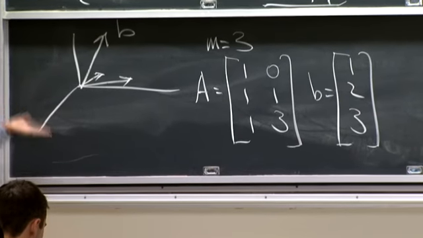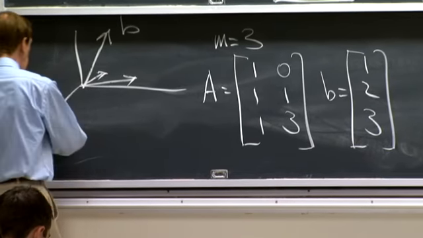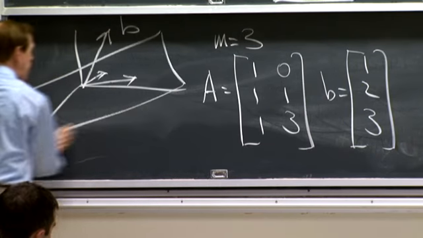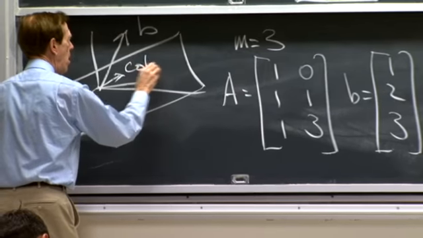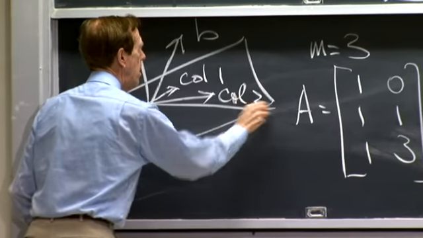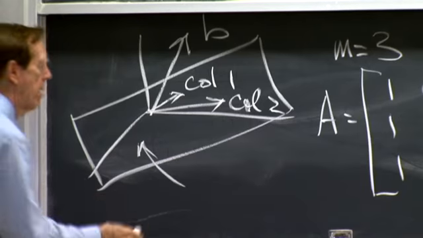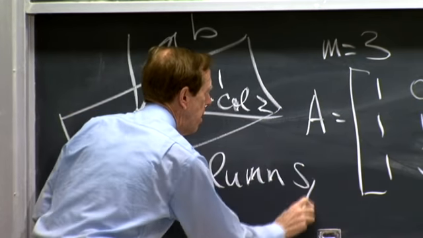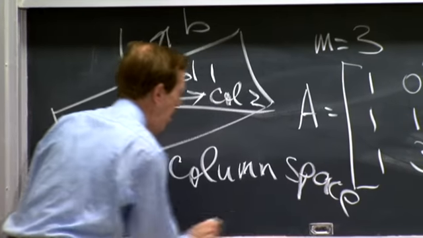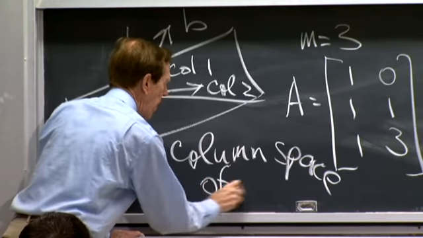I get a plane. That's the plane. This is column 1. Here's column 2. This plane is the column plane, or column space. It's the column space of A, because it comes from the columns of A.